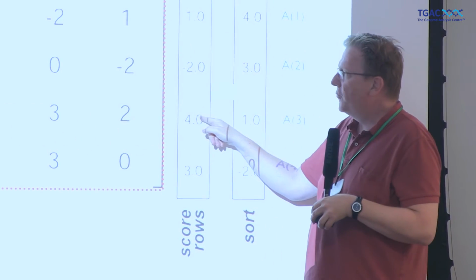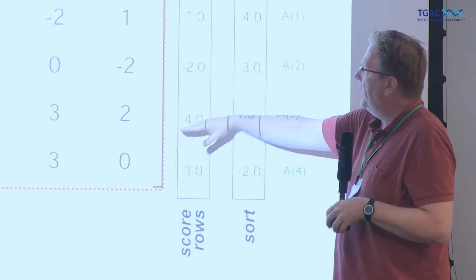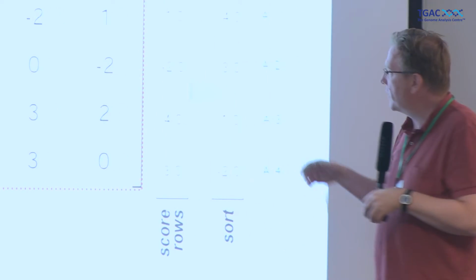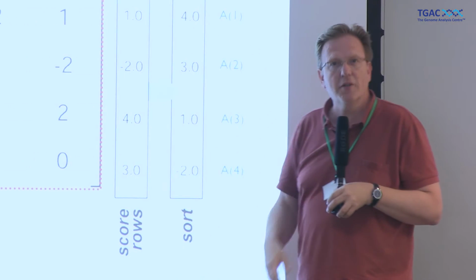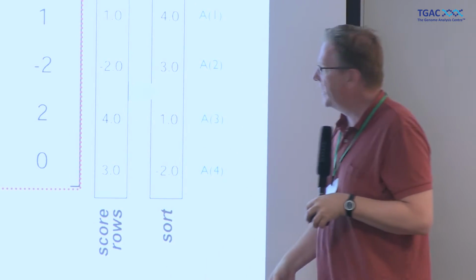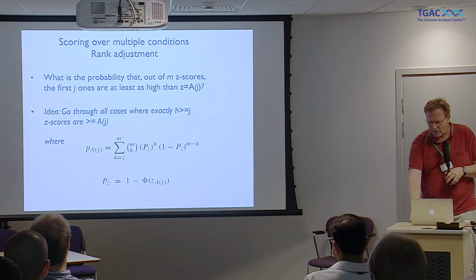It adds up to 4 after dividing by the square root of the things that you add. Then we bring this in a sorted way, and we have to correct for the fact that we're looking at 4 different conditions, because if I gave you many conditions at random, you would always find something that looks significant. But again, I'm not here to talk about the math of this.